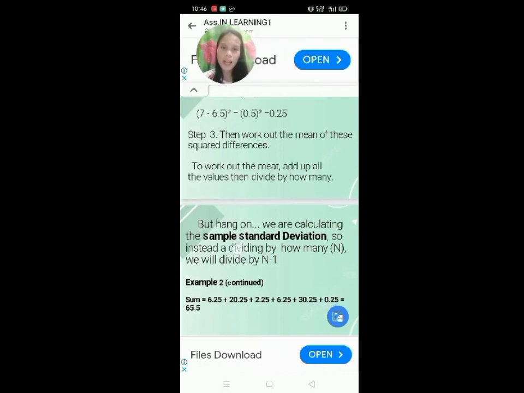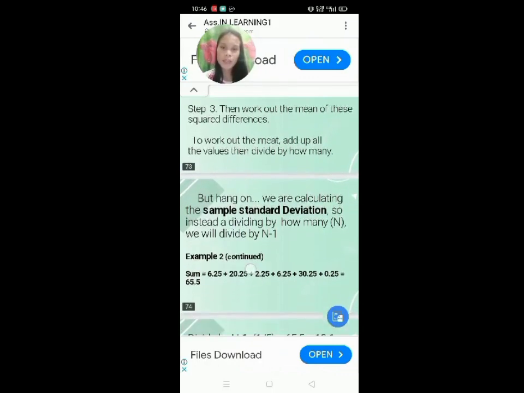To work out the mean, add up all the values, then divide by how many.